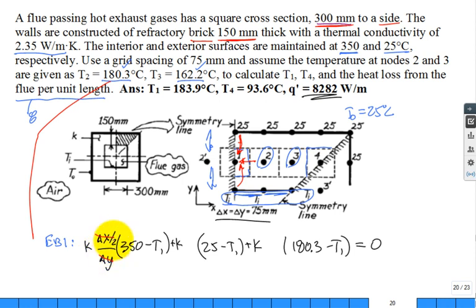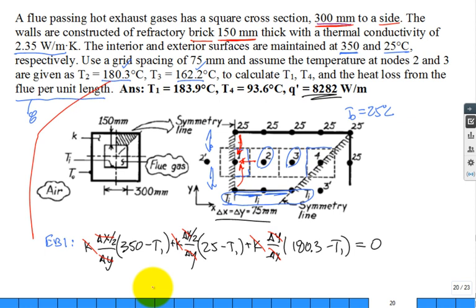But don't forget the half. You have a half area. Okay, keep going. For the one coming from the bottom, 25 in, wouldn't it be delta X over 2 divided by delta Y? Yeah. How about from the side, 180 T2? Wouldn't that be delta Y divided by delta X? But they cancel. The K's cancel.